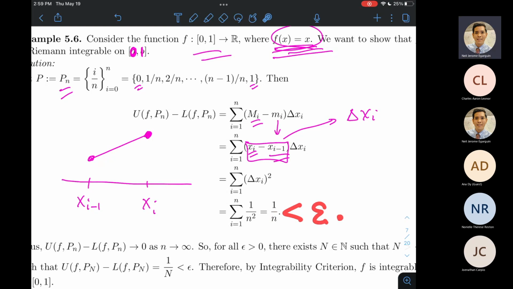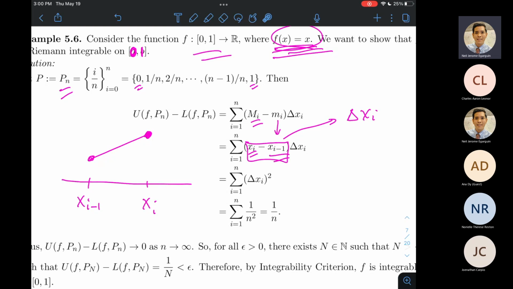What's the name for that principle or for that property? Tandaan niyo pa ba? Thank you, Jonathan. That's perfect. And Charles, yeah, yun yung Archimedean property. Di ba? Pag meron kang epsilon greater than 0, kahit gaano pa yung kaliit, laging may natural number that is big enough so that 1 over n will be less than epsilon.